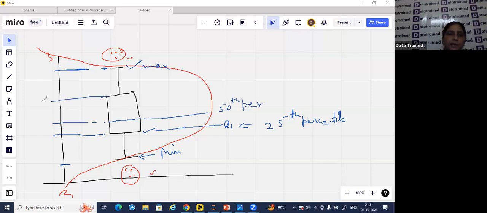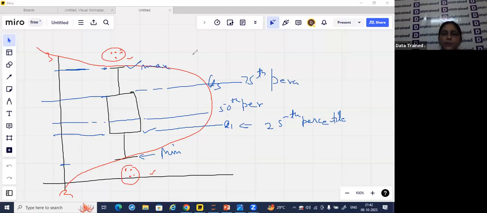And what is the value lying here? Thank you, Q3. So this one is 75th percentile. So these 5 pieces of information the box plot is giving to me.